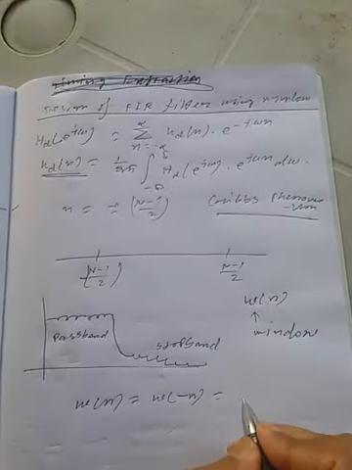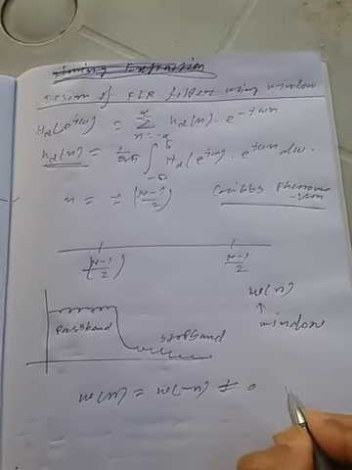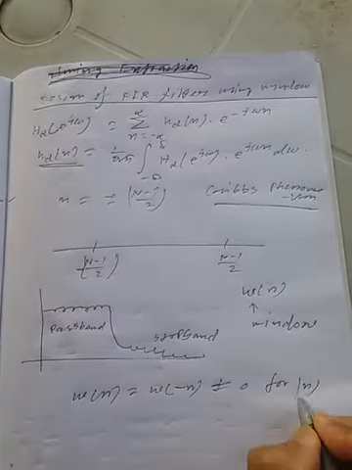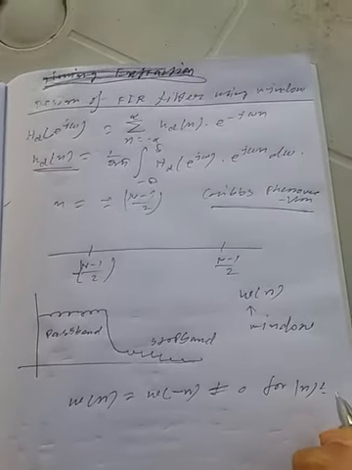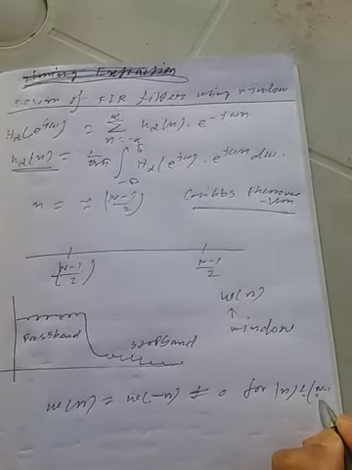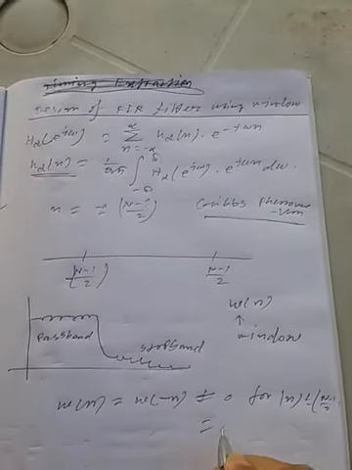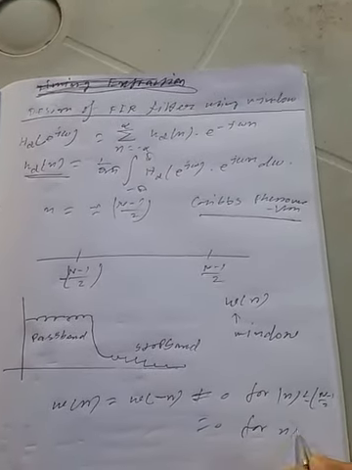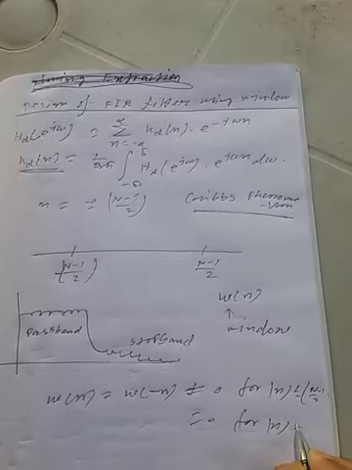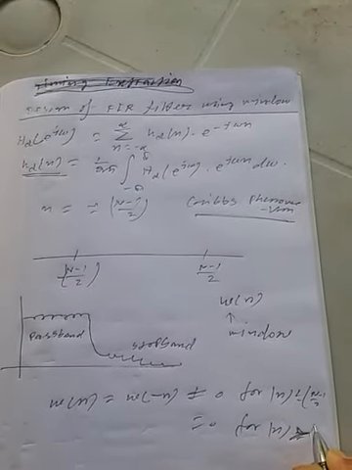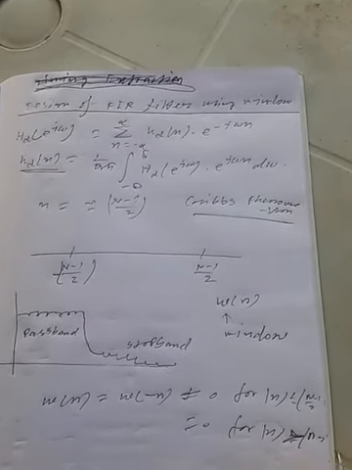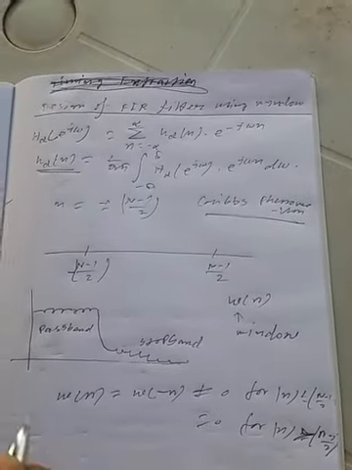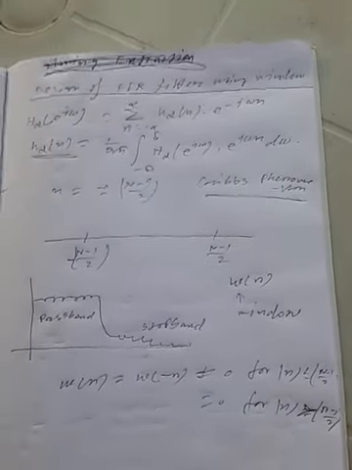This is symmetric. It is not equal to 0 for mod of n less than or equal to (N minus 1)/2 and equal to 0 for mod of n greater than (N minus 1)/2. So this is the window.